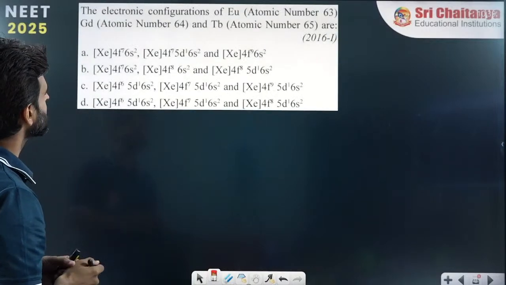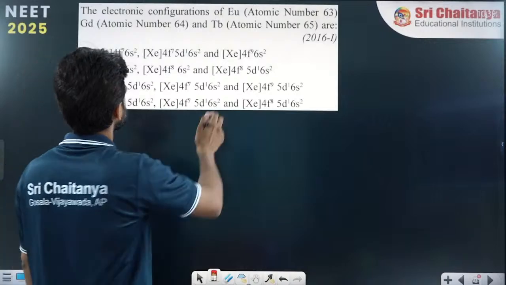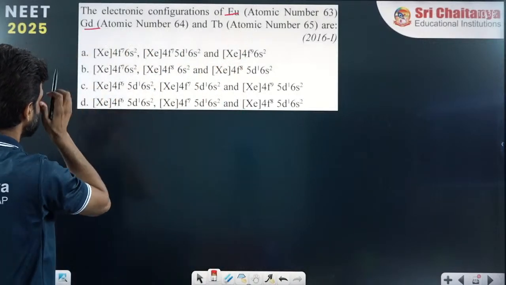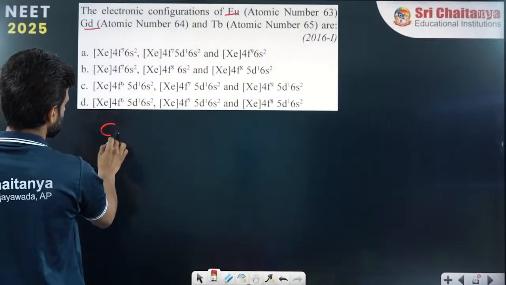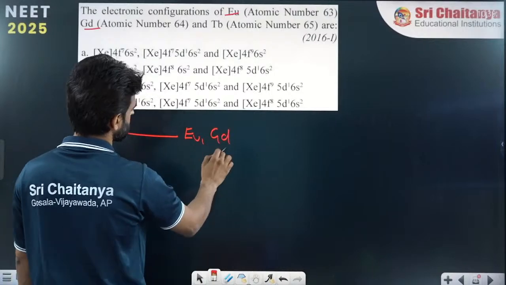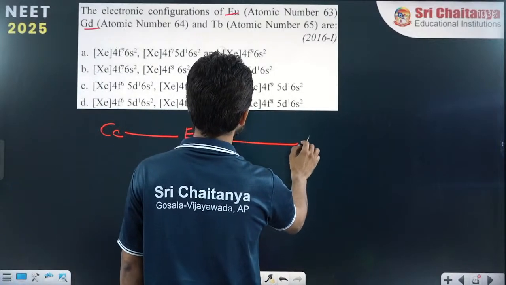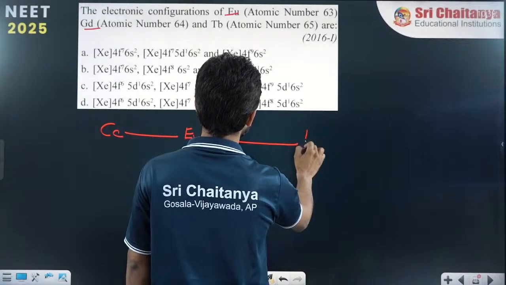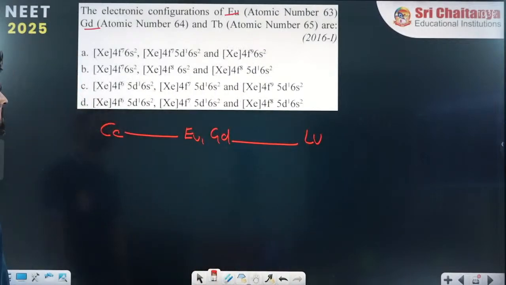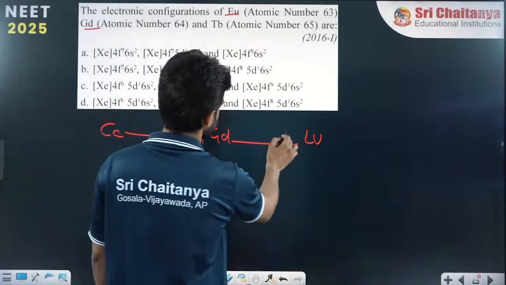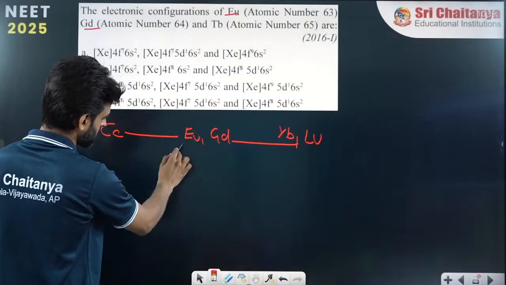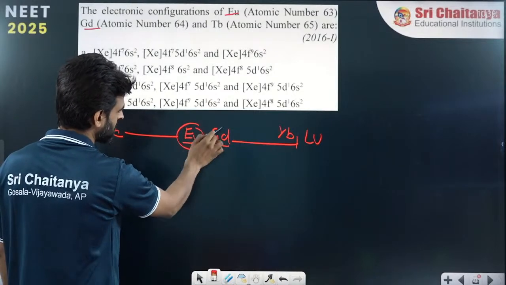The electronic configuration of europium, gadolinium and terbium. Europium, if you remember, the lanthanoids start with cerium, then europium, gadolinium. At the end, the last one is lutetium, and before that you can say ytterbium. These are the middle elements. Middle elements have f7 here.